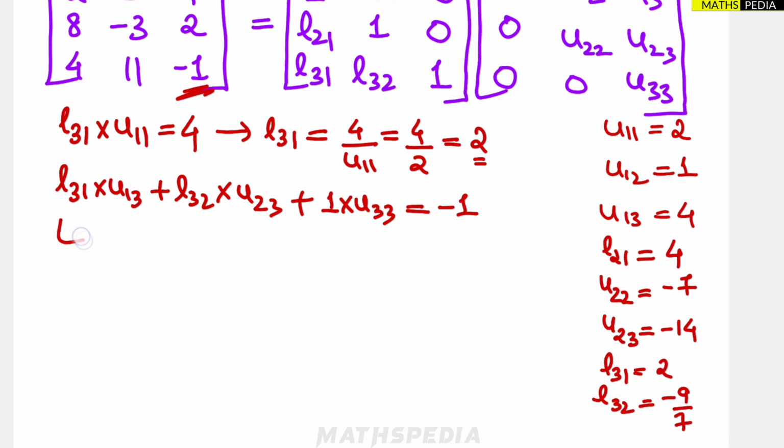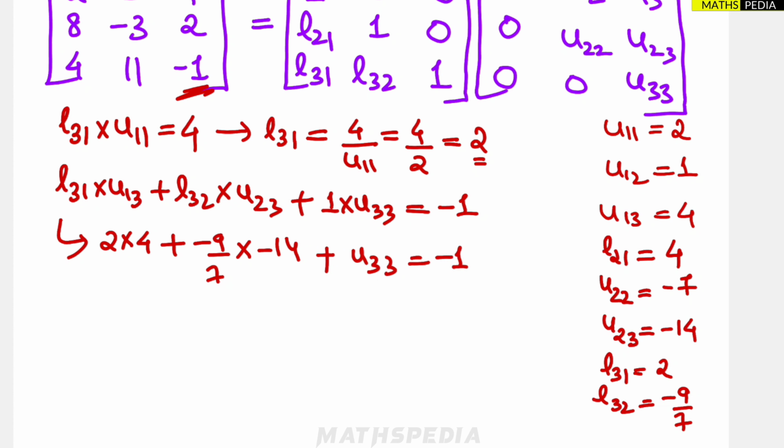So from this, substitute 2 into 4 plus minus 9 by 7 into U23, which is minus 14, plus U33 is equal to minus 1.